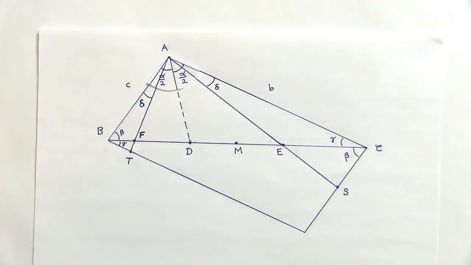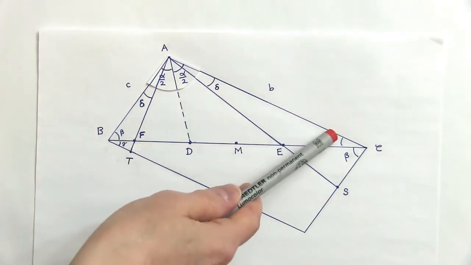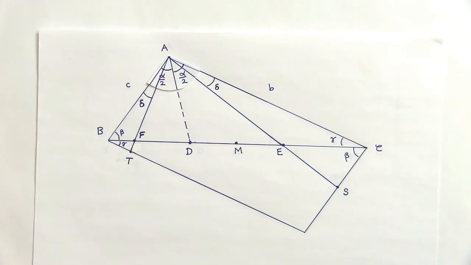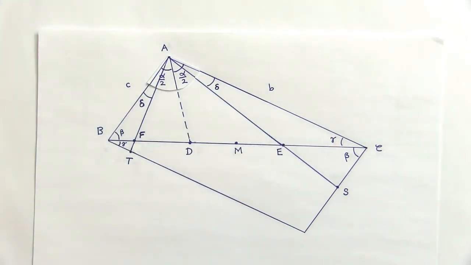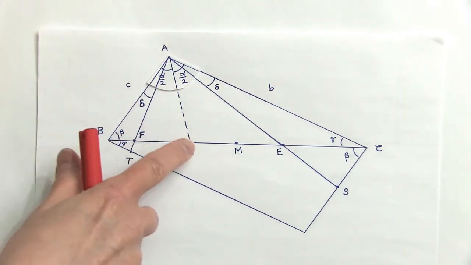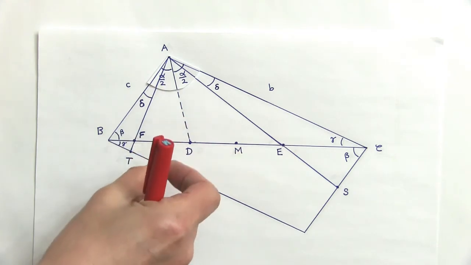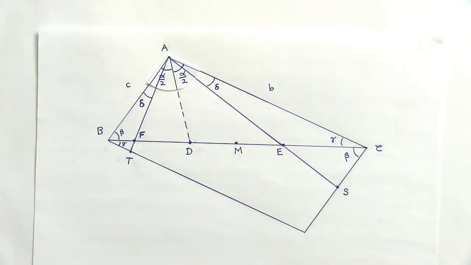And finally, what happens if beta equals gamma? That's the easiest case, because if beta equals gamma, then when I draw my bisector, all of my points, F, D, M, and E, will collapse to the same point, and my picture will look like this.